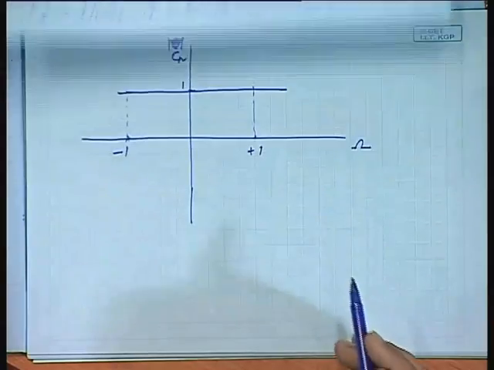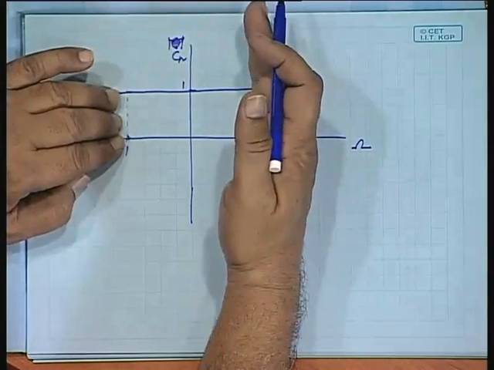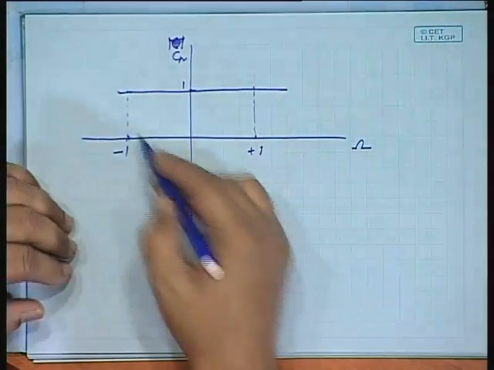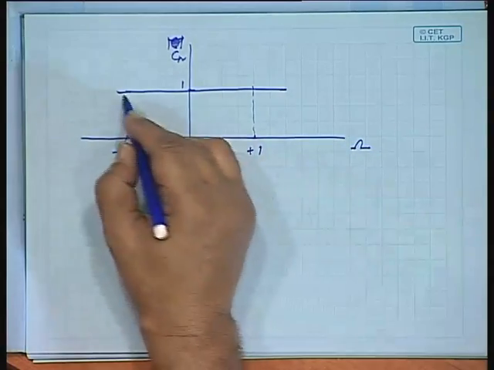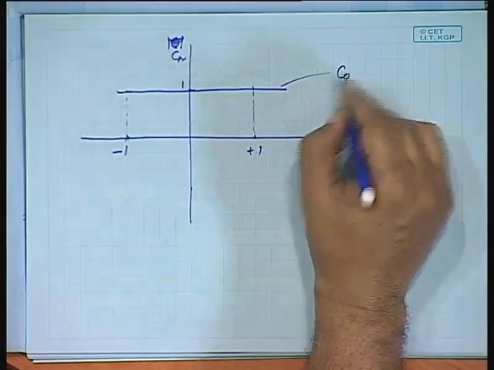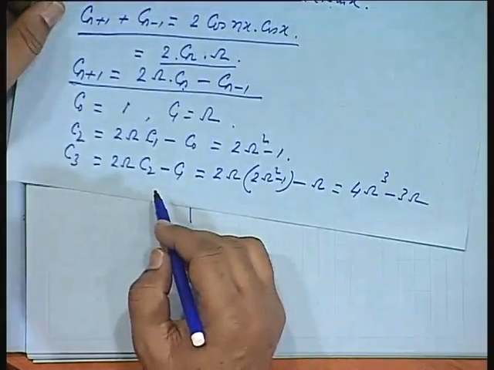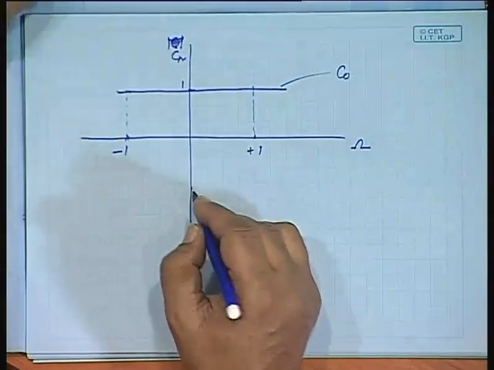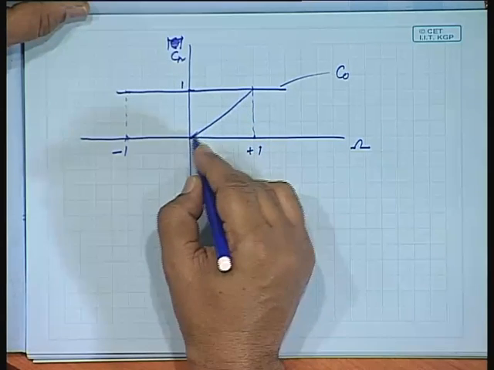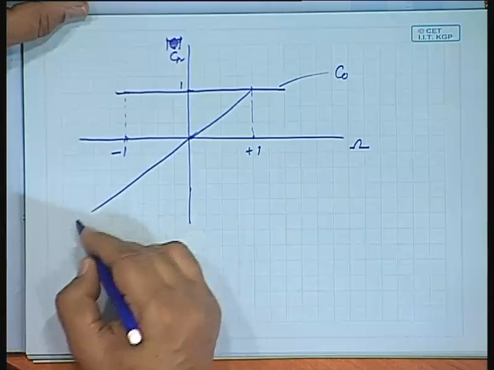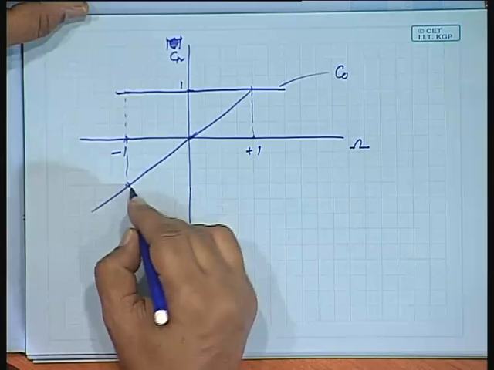So, it is immaterial whether we are restricting within plus minus 1 or beyond. We will see its behavior within this range first. So, this is C0. C1 is omega. So, it is a straight line like this. This is minus 1.